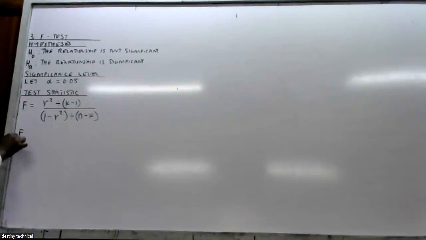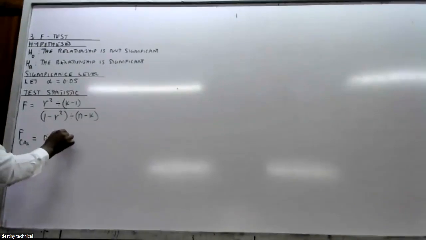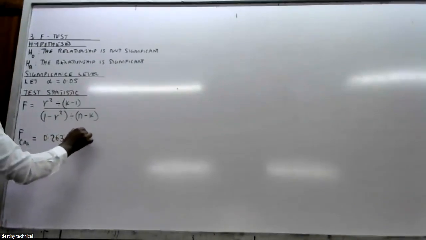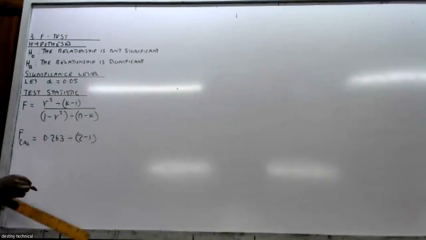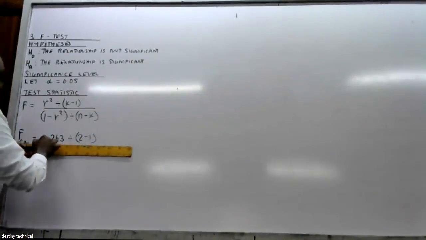So F calculated, I think we have just computed the value of R squared, 26.3. Is that so? Yes. So this will be 0.263 divided by 2 minus 1. I've just told you that K is 2.